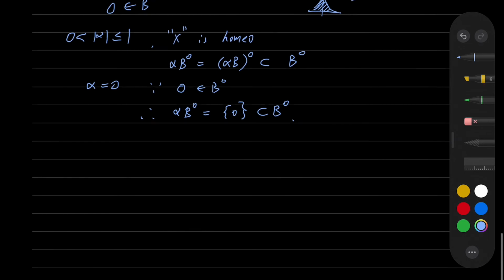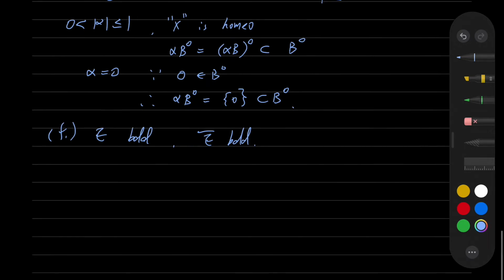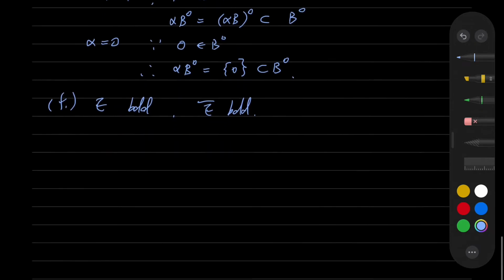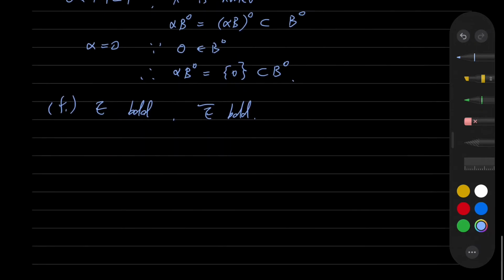So next, we have that if E is bounded, then its closure is also bounded. Notice that the interior is obviously bounded because it is inside the set itself, right? So we can take the same constant that we need.